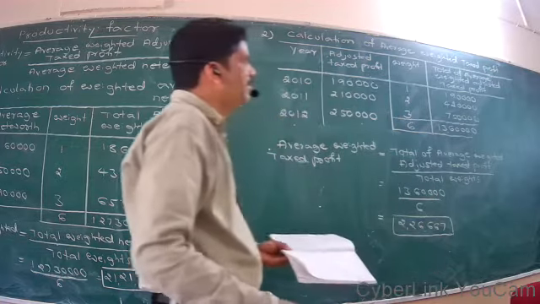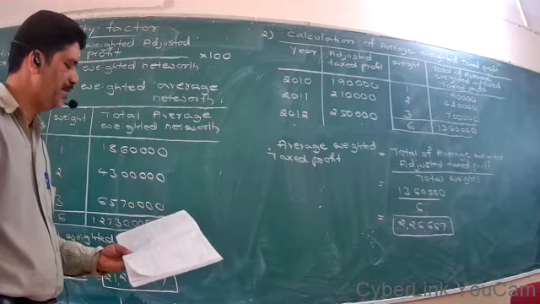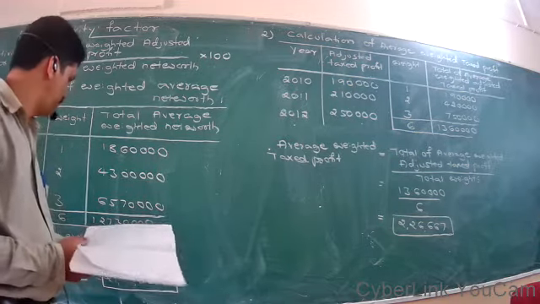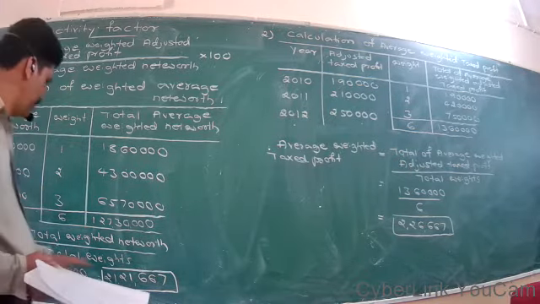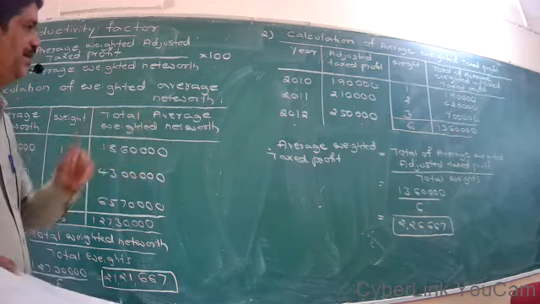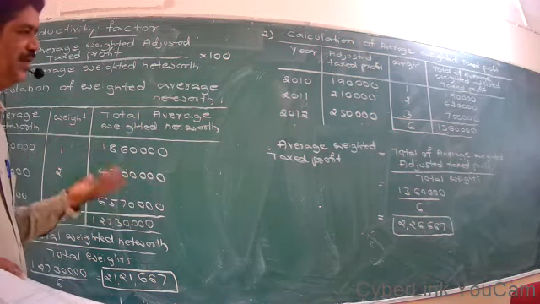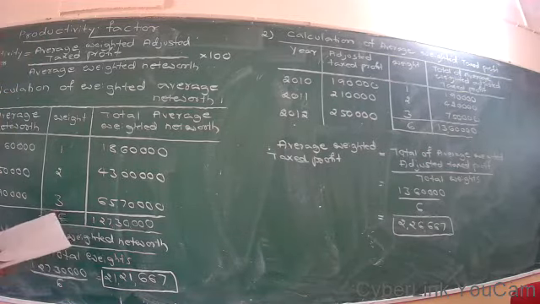It is the average weighted taxable profit. So based on these two factors, one is average weighted net worth and another is the average weighted tax profit, very easily we can calculate here productivity factor.